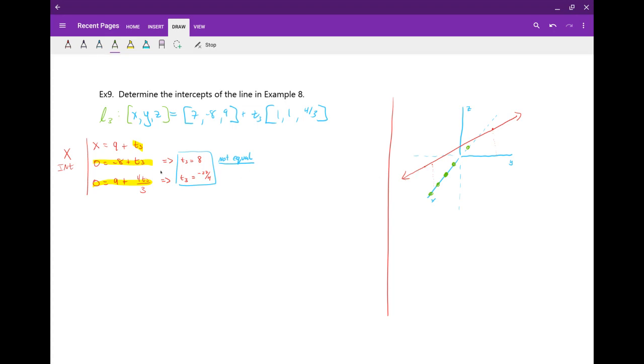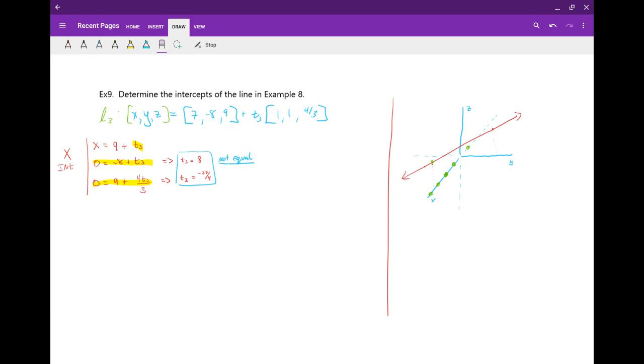And so therefore, I go ahead and I set them equal to 0 and I find out, well, when is the y-coordinate 0? And when is the z-coordinate 0? Well, the y-coordinate is 0 at 8, so to have a y-coordinate of 0, I would be sort of hovering somewhere above the x-axis.